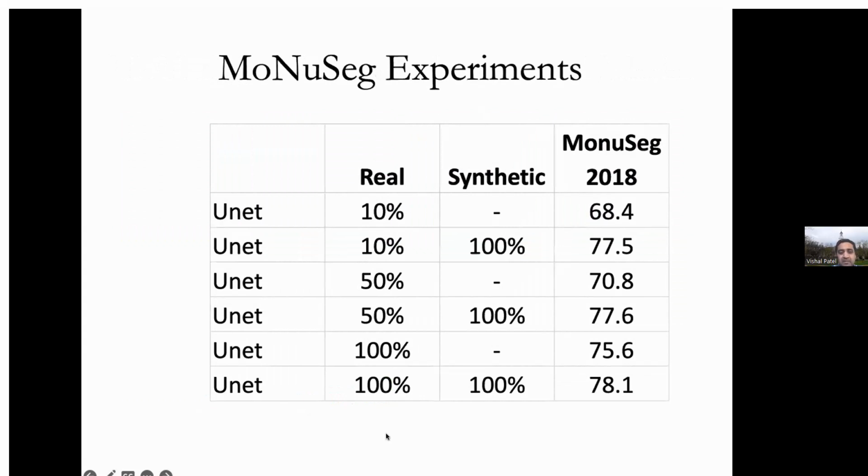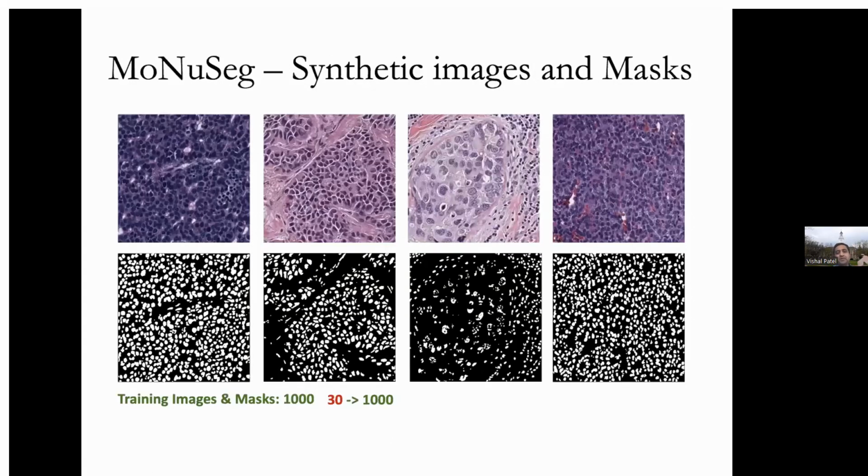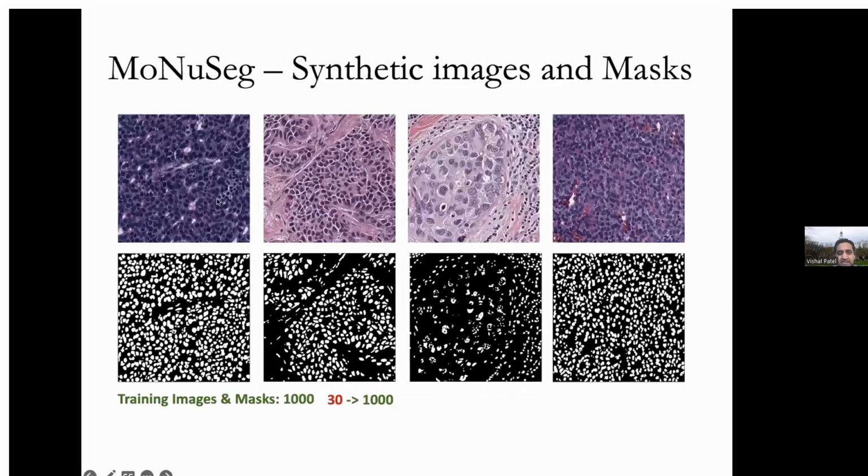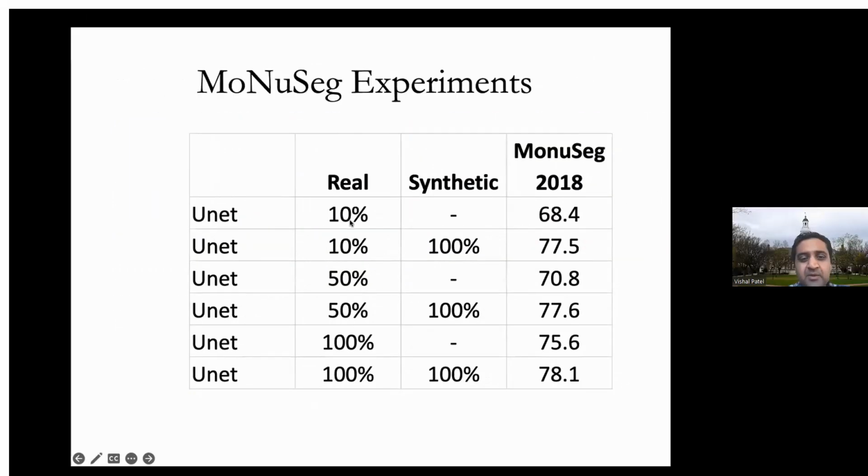Once we are able to do that, we can go back to our segmentation algorithm and retrain the model with these synthetic images and the corresponding labels, the segmentation masks that we have. And what we saw is very interesting. Here is a simple experiment that we conducted, where we took the famous UNet architecture and trained it on this data set, using only 10% of the real images.